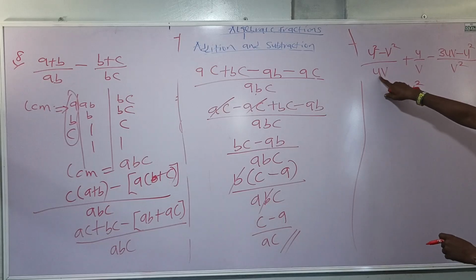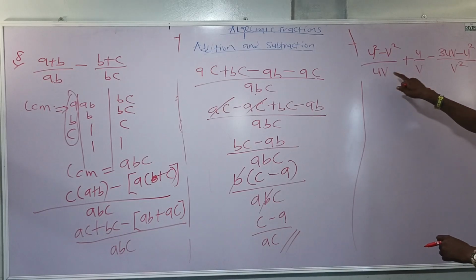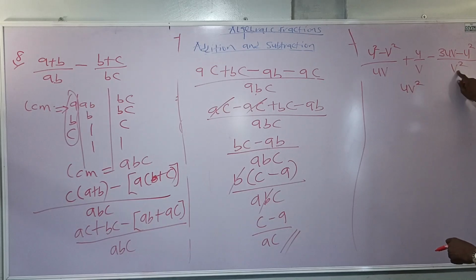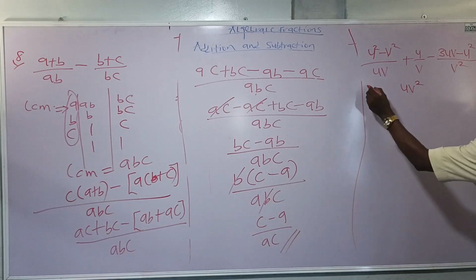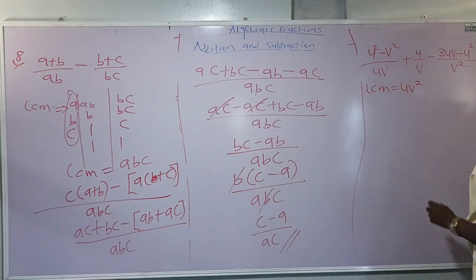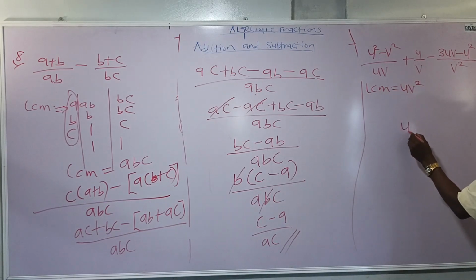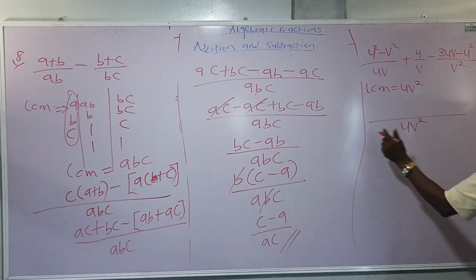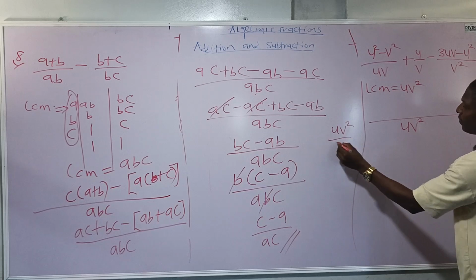Because if you divide, you have u left, and I have u. If u divides, I have 1, 1, and I'll have v. And if v divides again, I'll have uv squared as my LCM. Now, I'll use my LCM at the bottom. uv divided by uv squared. This is uv squared divided by uv.